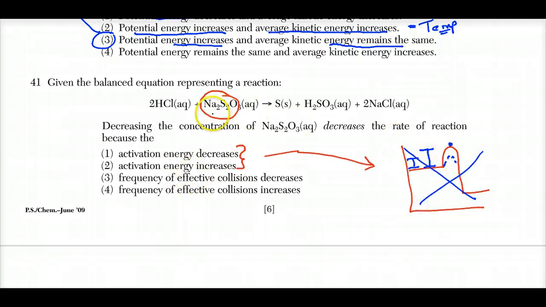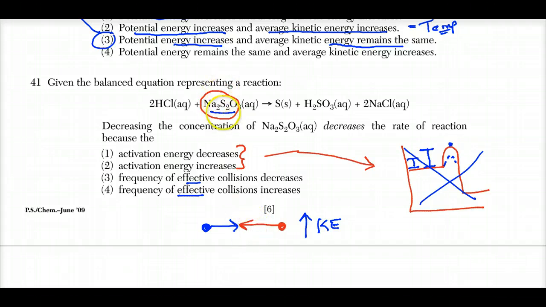So by having less of this, there are less particles to collide with hydrochloric acid. Don't forget that chemical reactions occur because of what? Because of collisions. So these guys have to collide, and they have to collide effectively. Now, an effective collision is one that has a high enough kinetic energy, motion energy, and proper orientation so that bonds can be broken and bonds can be formed.